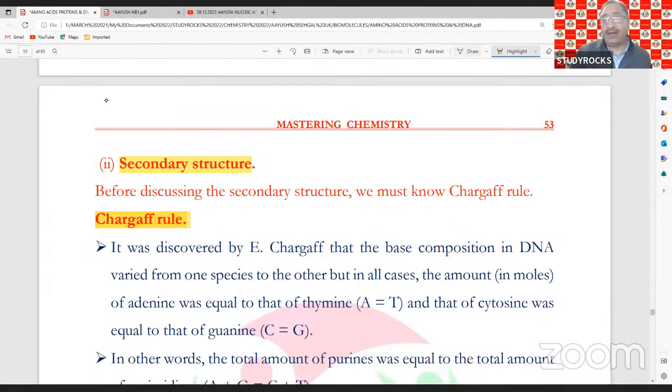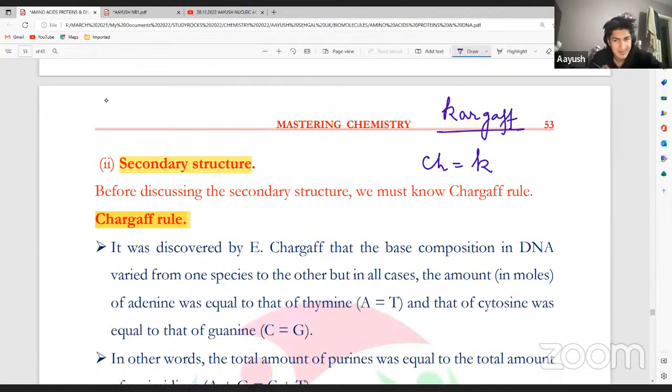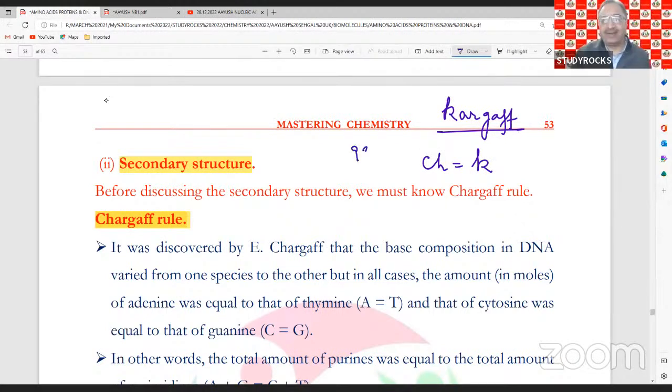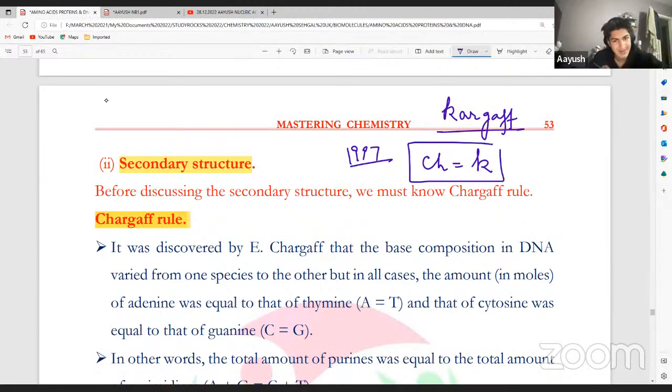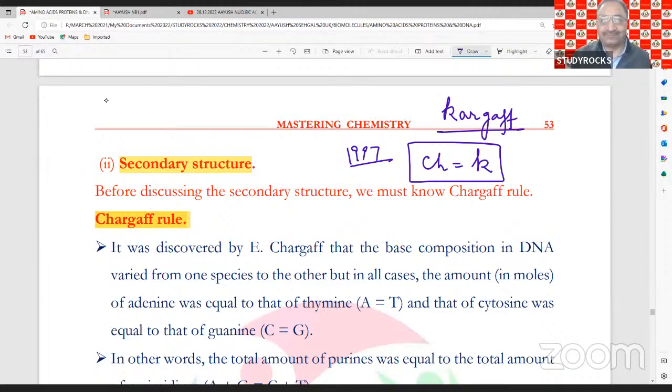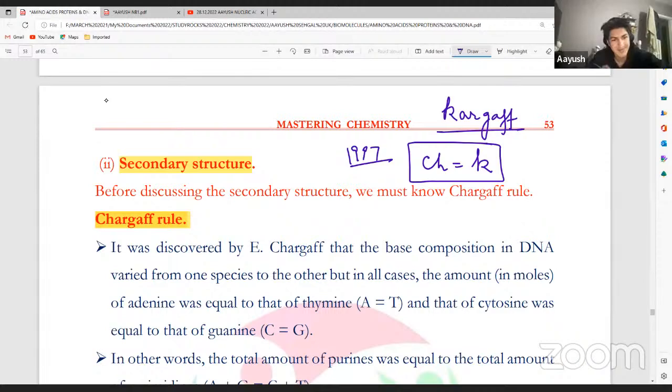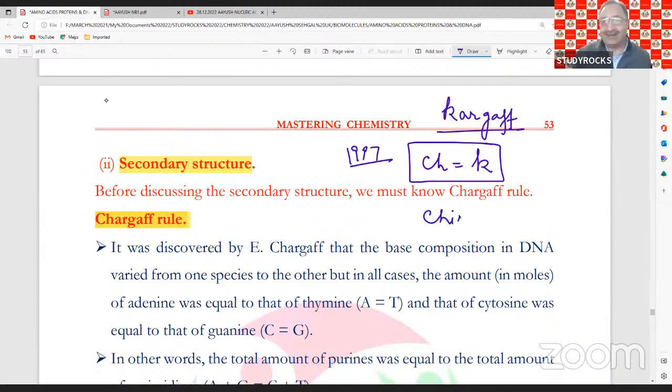As per the present-day notation, it should be called Kargaff, because CH sounds like K. This was decided by the IUPAC in the year 1997. You pronounce CH with the K sound, because we call it chemistry and not chemistry with a ch sound. We say chiral with a K sound.